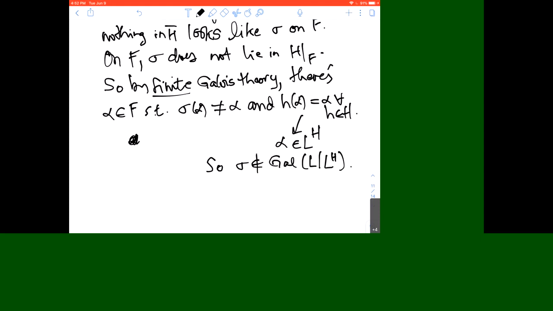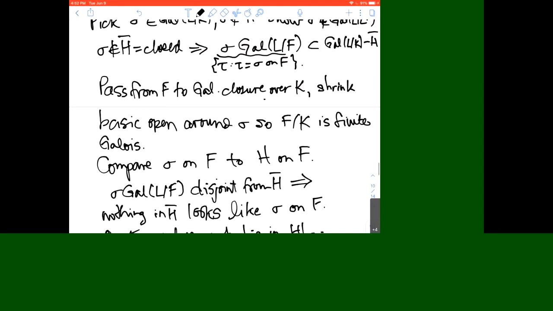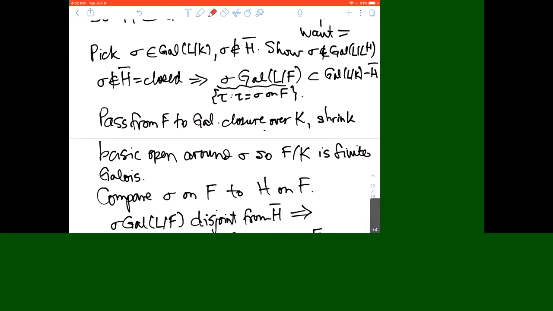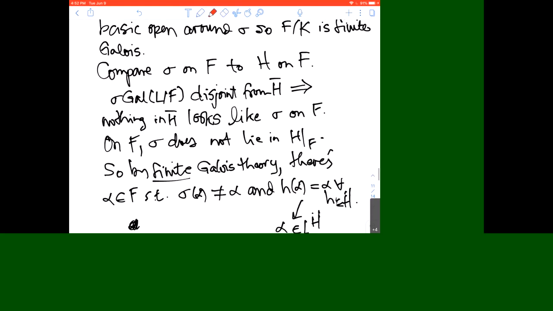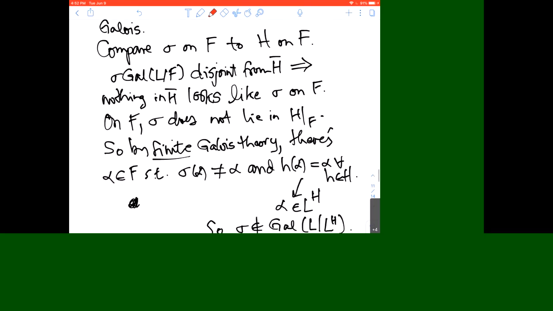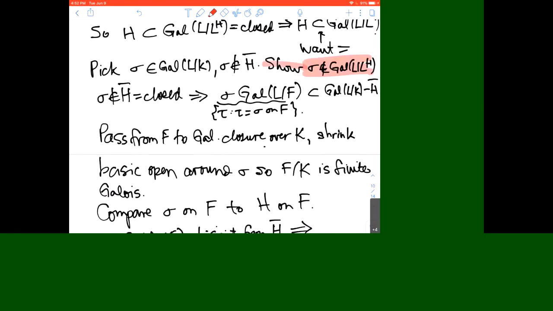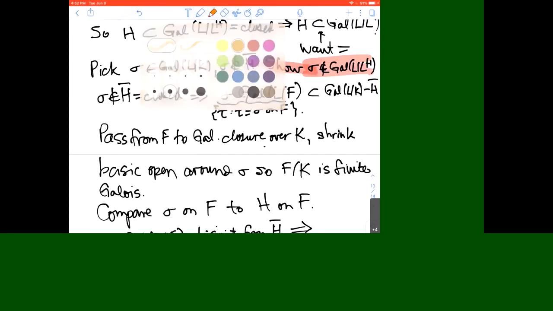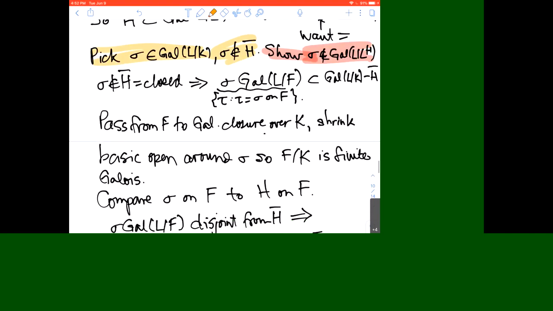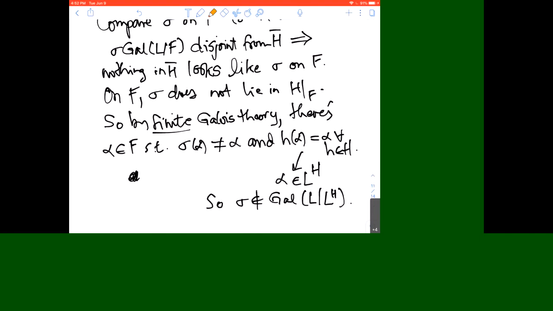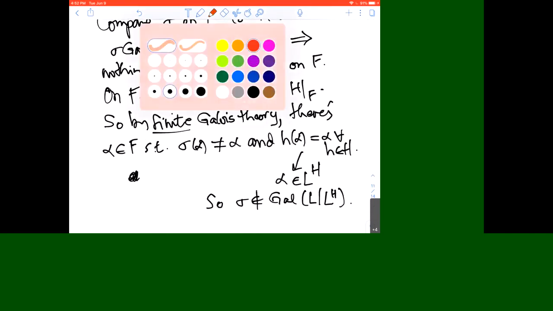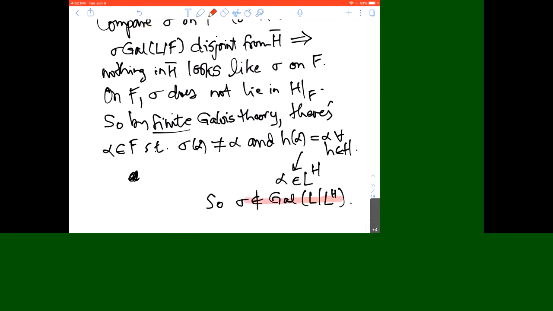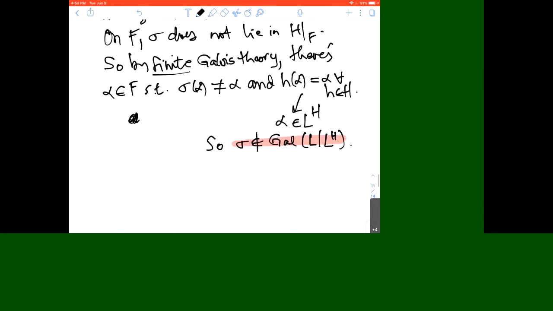And so what we showed then is that if you picked an element that was not in H bar, then it's not in that Galois group. We picked sigma that's not in H bar, and then we just showed that, in fact, it's not in this group, and so therefore we're done.